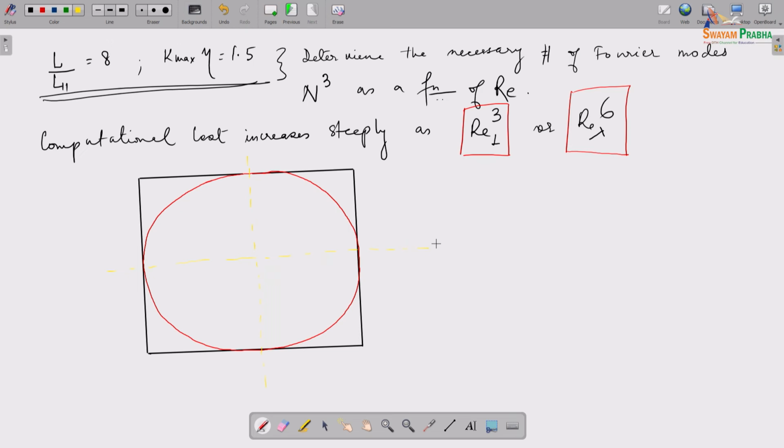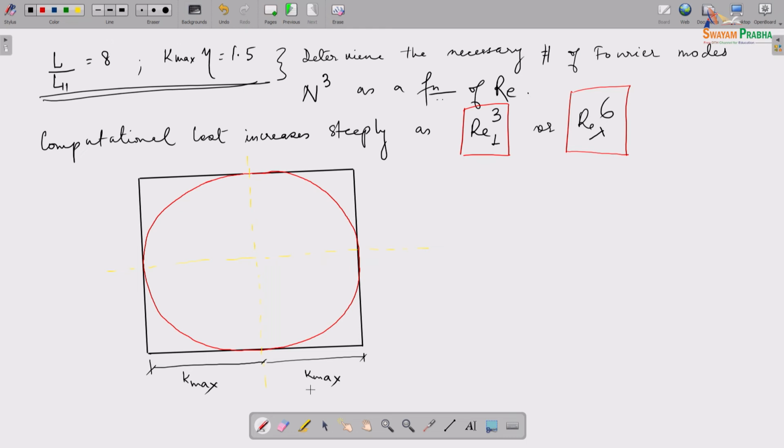Okay. So, here essentially this is k max and this is k max.